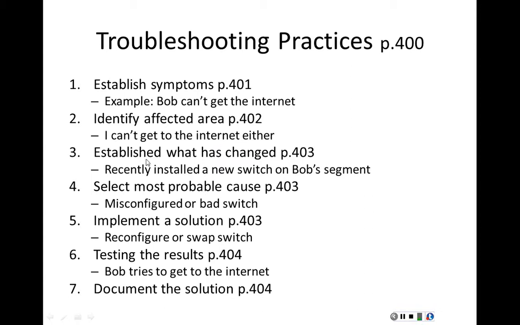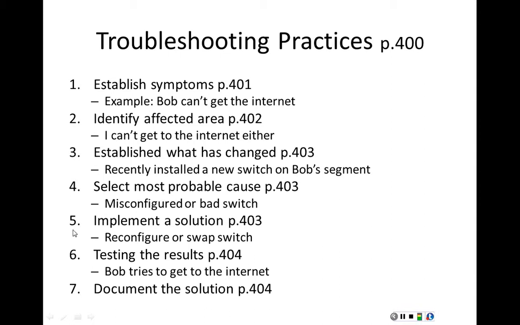Step 3, establish what has changed. If I think back, I see that we recently installed a new switch on the segment where Bob is. So step number 4, we select the most probable cause. The most probable cause is either we didn't configure the switch the right way, or it's a bad switch, or maybe the cables aren't plugged in.